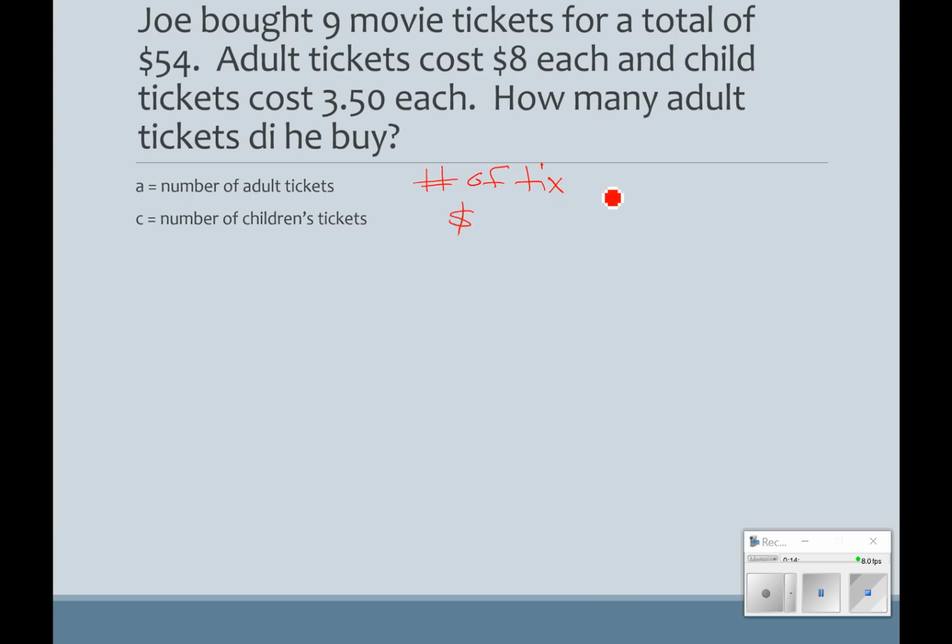So for the number, it's just going to be adults plus children equals 9. For cost, it's going to be 8 times the adults plus 3.50 times the children, and that total cost is $54. So you guys can go ahead and solve that system.